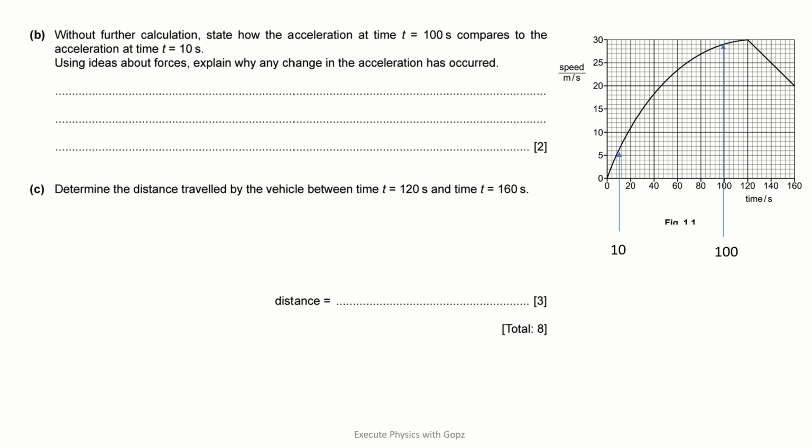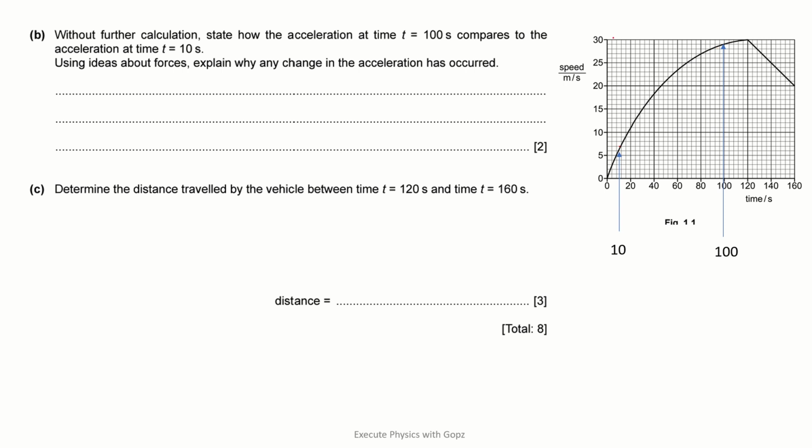So what do you see over here? The graph is steeper, am I right? In comparison to this, we can conclude that the speed change is more over here, that is, there is more acceleration. There are more changes happening in comparison to this. Here it is less steep, that means the acceleration is less.